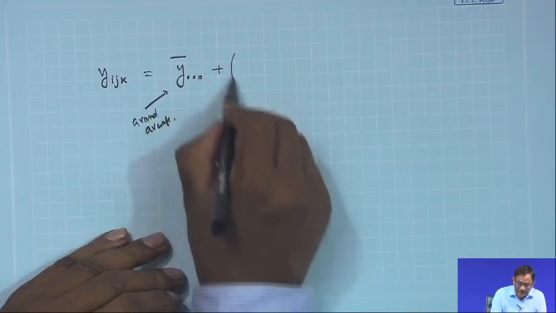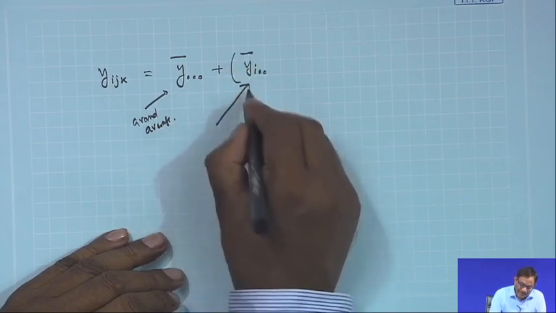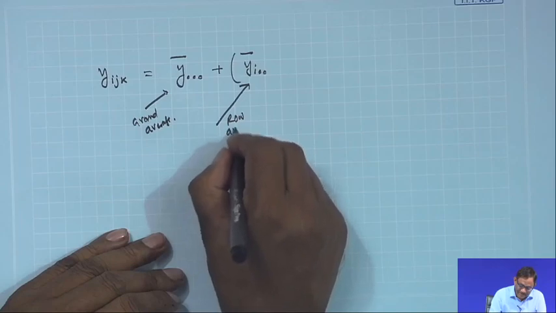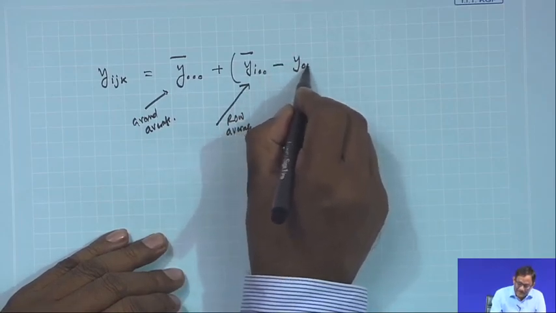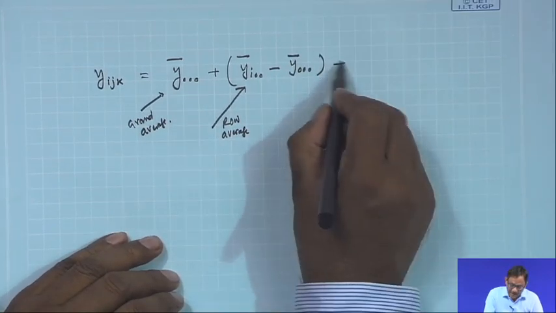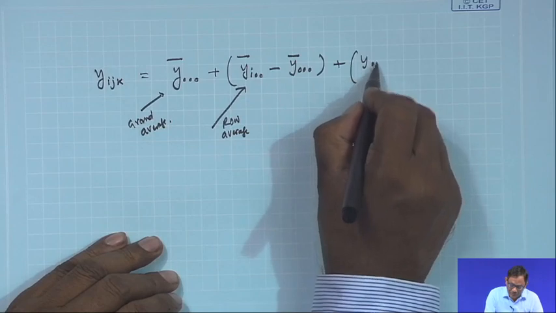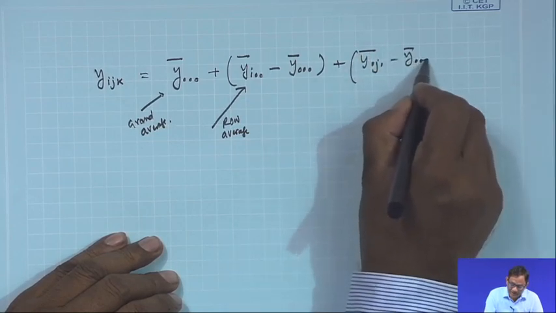Now you can write yi dot dot bar, what is this? This is the row average. I can subtract the grand average also, plus y dot j dot bar minus y bar dot dot dot.